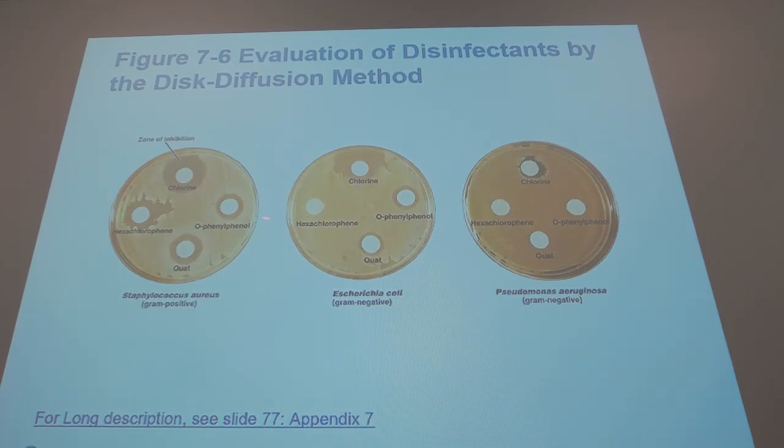Phenylphenol is less effective than quaternary ammonium, so this can be the second choice for disinfecting a surface area that is inert, of course. And then quaternary ammonium is one of these disinfectants that is highly used in hospitals to disinfect surfaces.